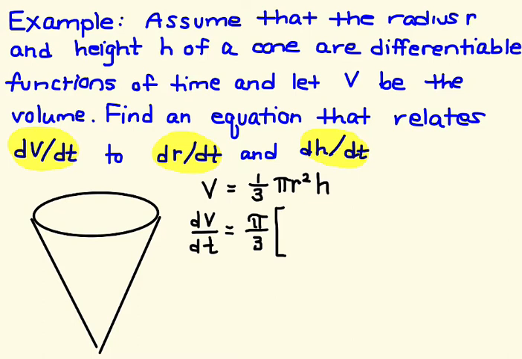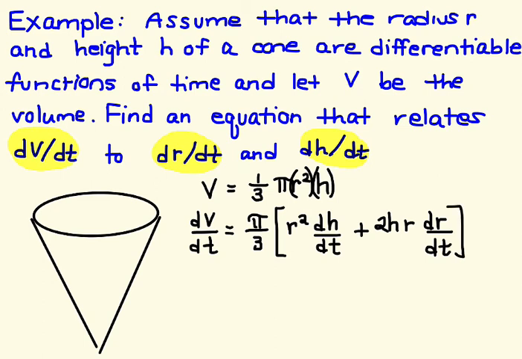Because there are two functions and they're both functions of time. So the first is r squared, and the second is h. So it's r squared times the derivative of the second, dh dt, plus the second, which is h, times the derivative of the first, which is 2r dr dt, right?